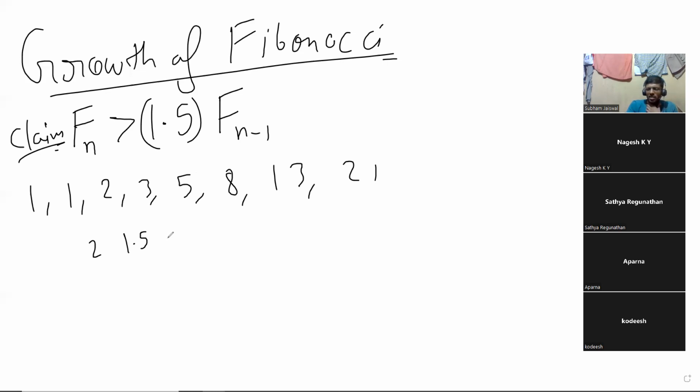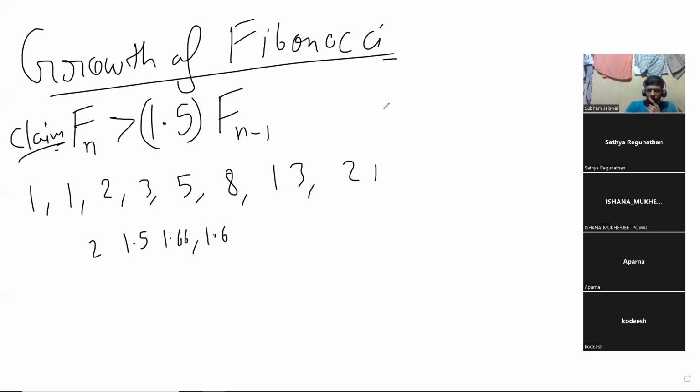So 5 by 3, how much is 5 by 3? It's more than 1.5, right? 1.66 something, about 1.6 repeating. And 8 by 5? That's exactly 1.6. And similarly, it may not be exactly what we are thinking.